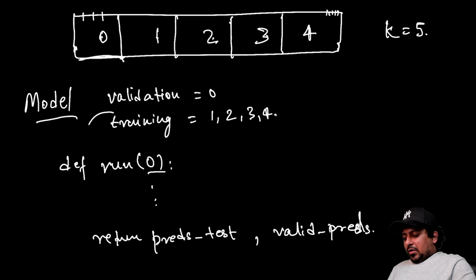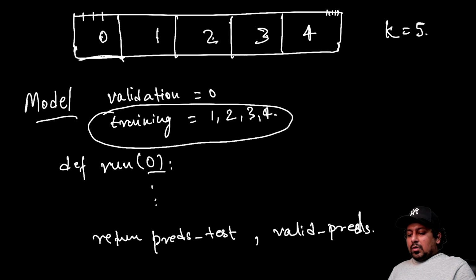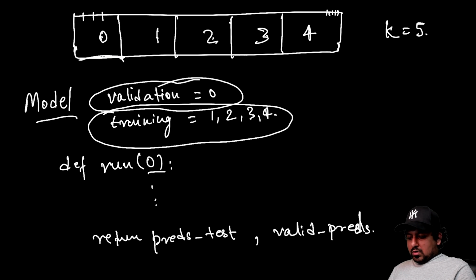So when you're training your model on 1, 2, 3, and 4, you're evaluating on this 0. What you can also do is, when you're evaluating, you are already making some predictions.